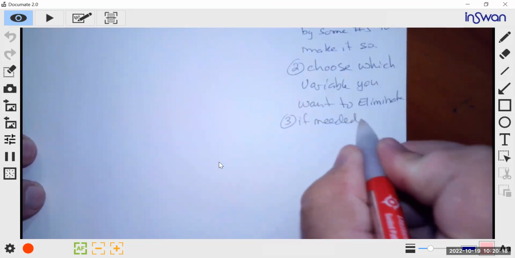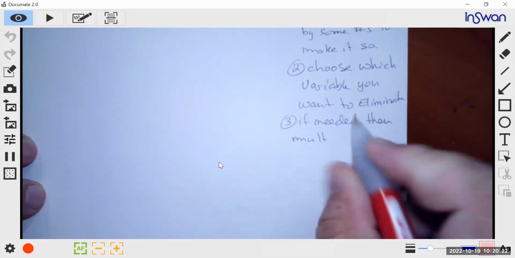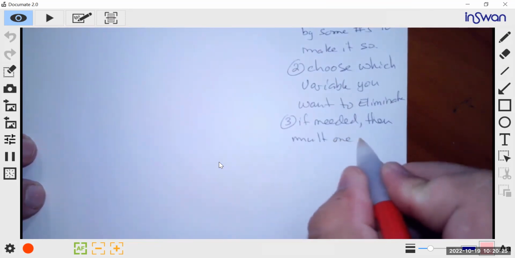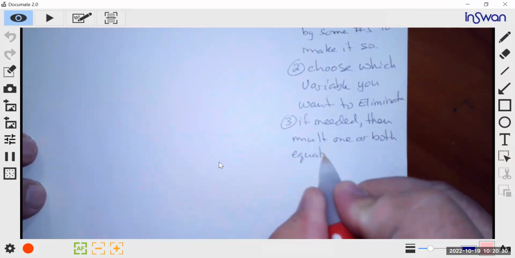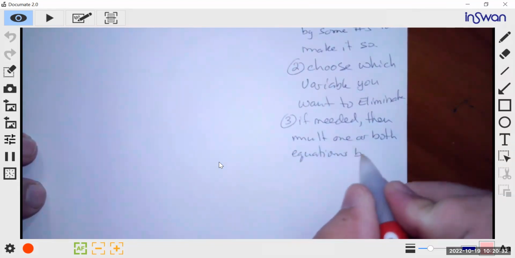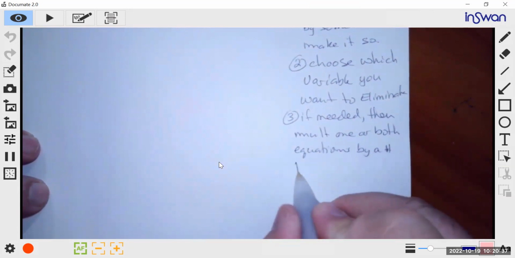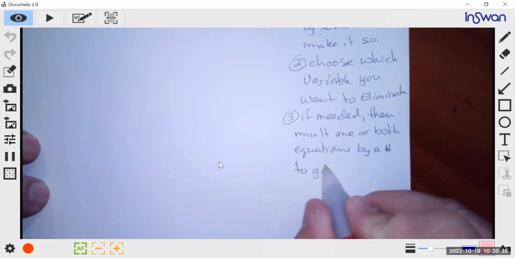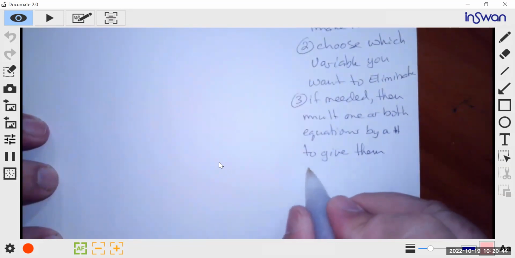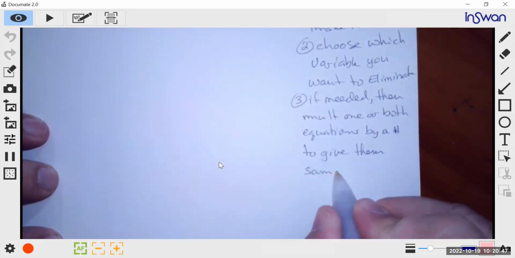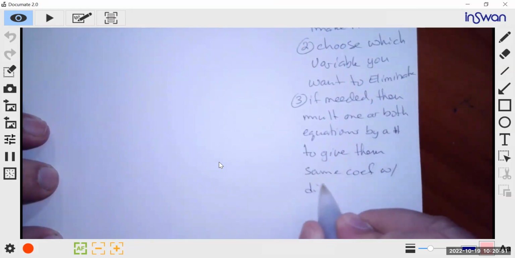If needed, then multiply one or both equations by a number to give them same coefficients with different signs.